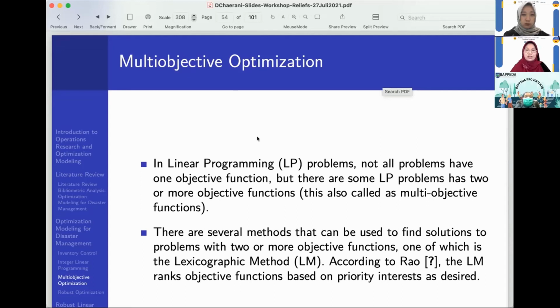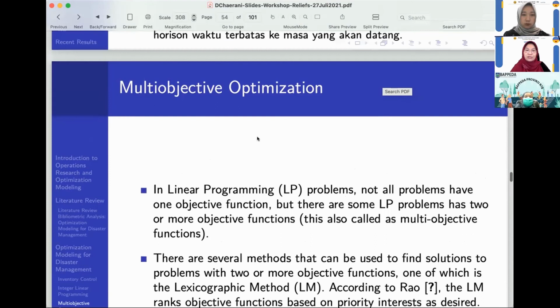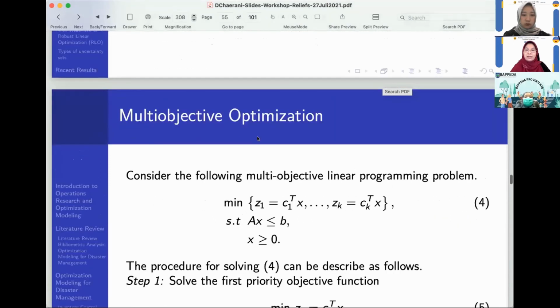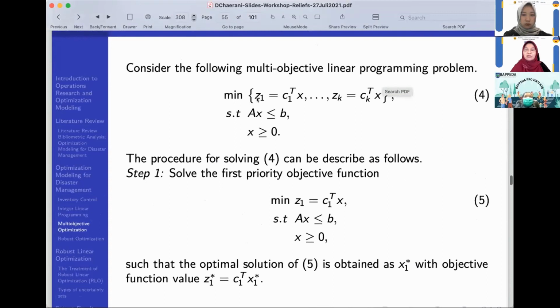Kembali ke metodenya, multi objektif optimisasi. Secara matematis dituliskan seperti ini: fungsi objektifnya banyak, Z1 sampai ZK. Kita urutkan fungsi objektifnya sesuai prioritas tadi.